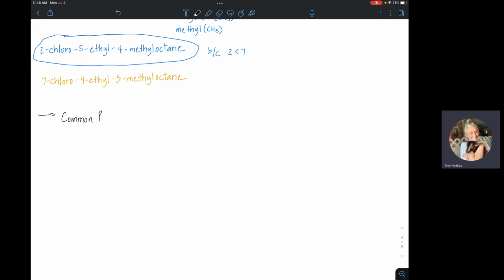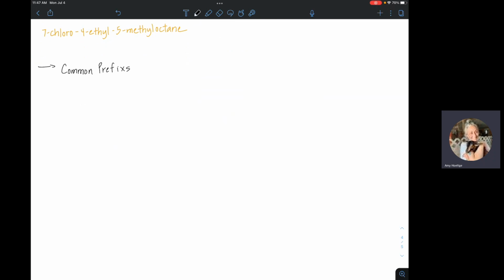In common nomenclature, we don't use numbers very often, but we do have common nomenclature for our alkyl groups. So these will be common prefixes. And we are allowed to use common system in IUPAC nomenclature if we're talking about an alkyl group.